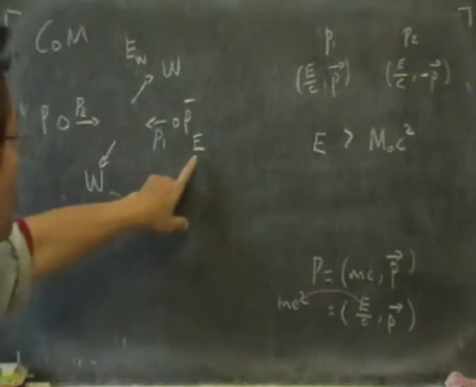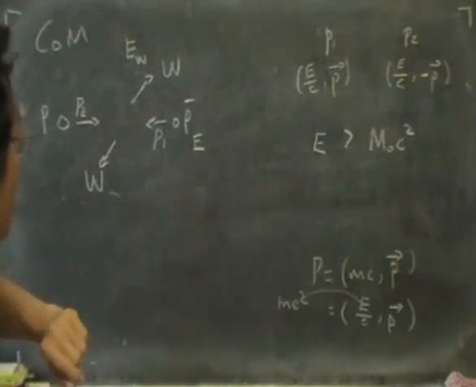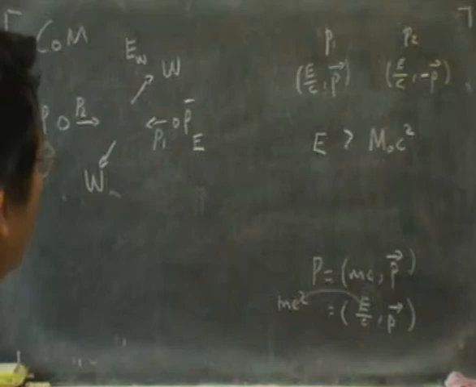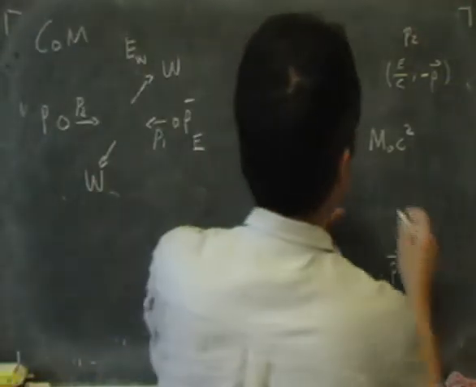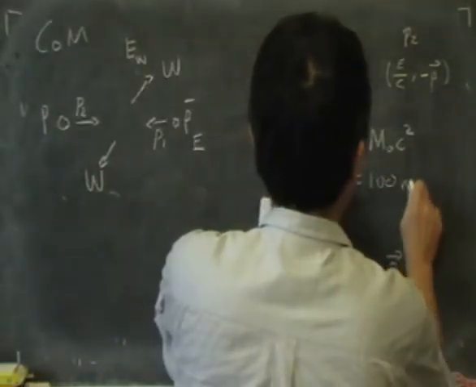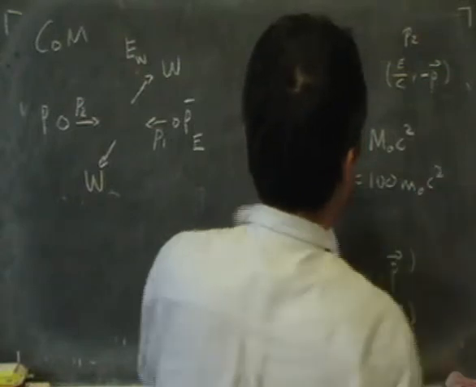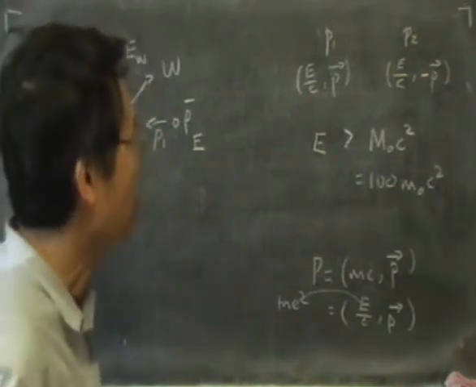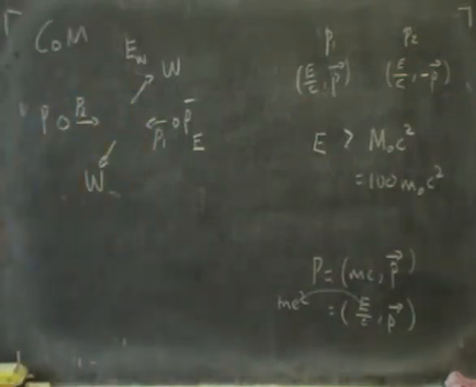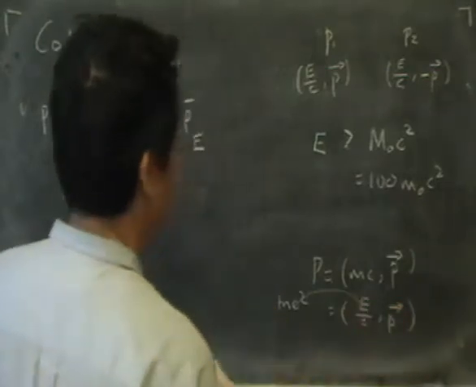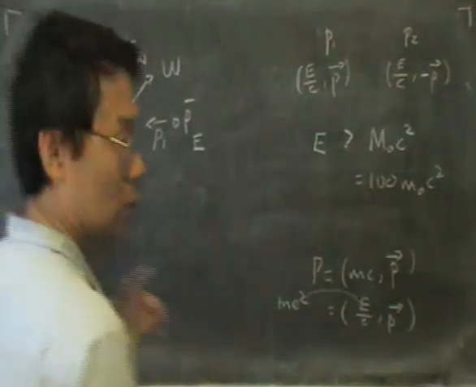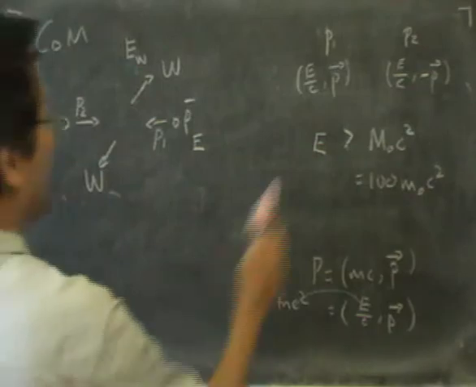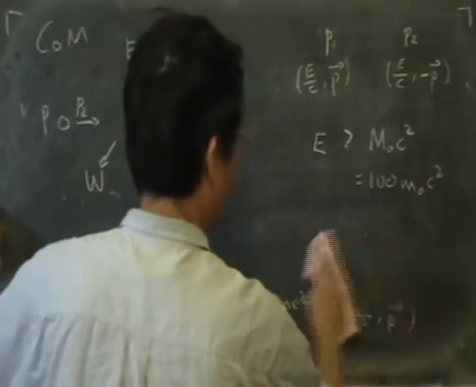The energy needed for each proton or antiproton must be more than 100 times m0 c squared, so 100 times the rest energy of each proton. So this is a simpler experiment to calculate, but not a simpler experiment to set up.